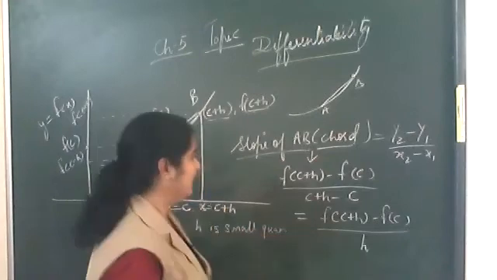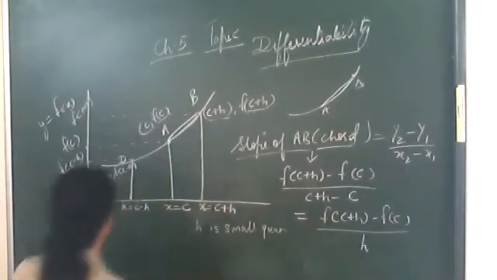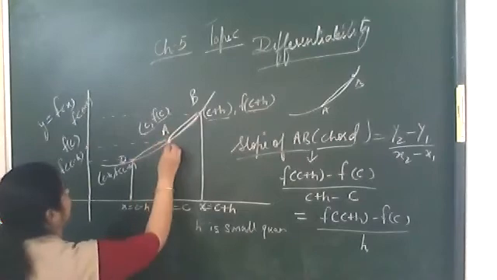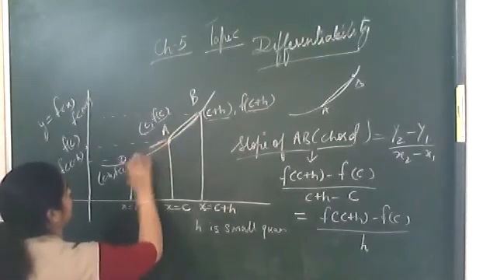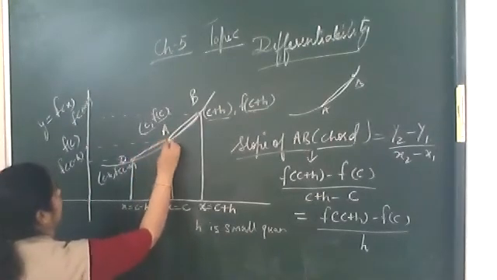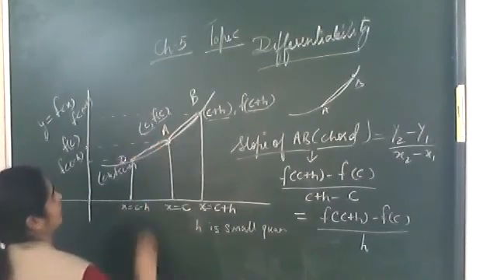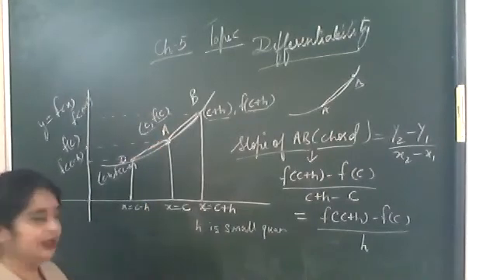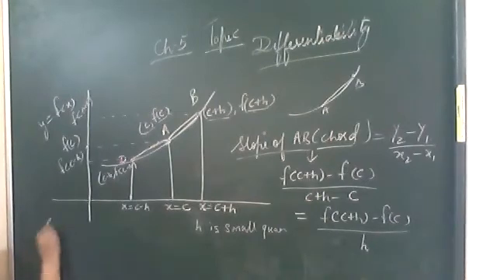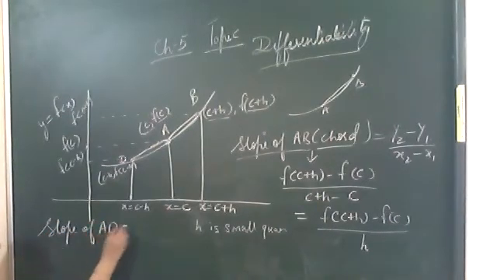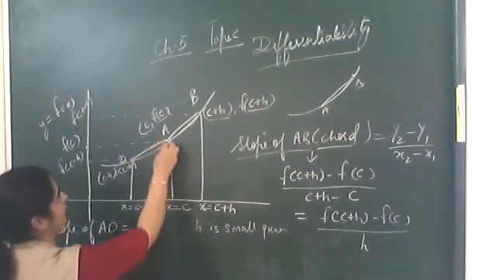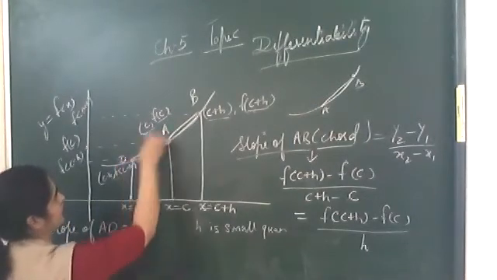Now, what is the slope of chord AD? Now we can write it here. Slope of AD will be again y2 minus y1 upon x2 minus x1.